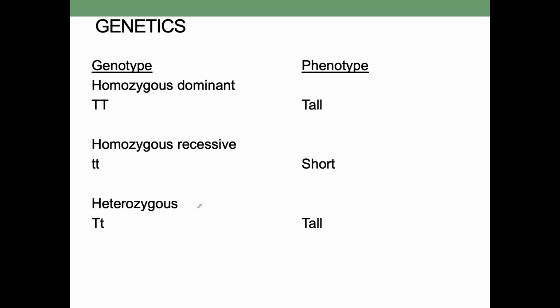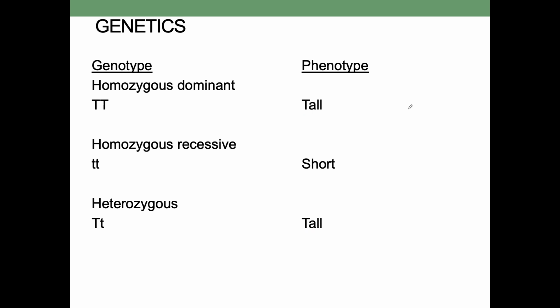And so if they have one capital T, whether they're homozygous dominant or heterozygous, the phenotype is always tall, because that allele will always be expressed no matter what the other allele is on the other locus on the paired chromosome.